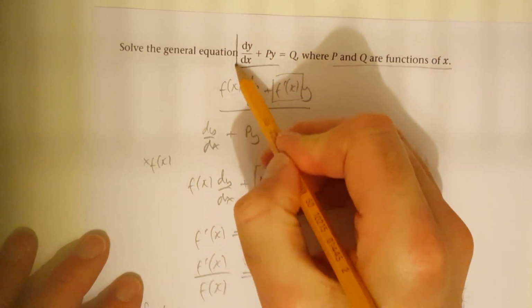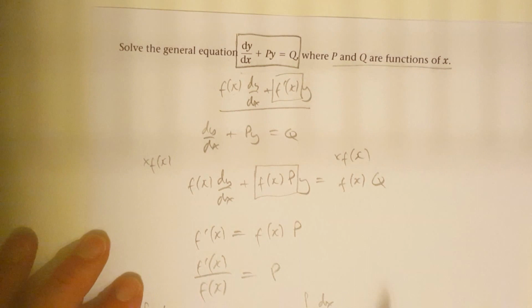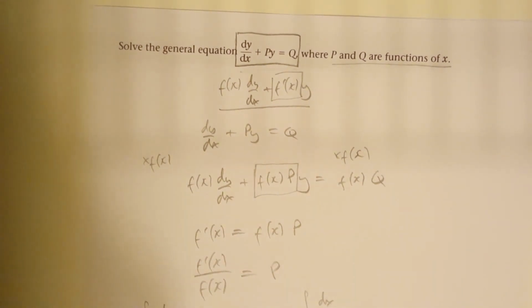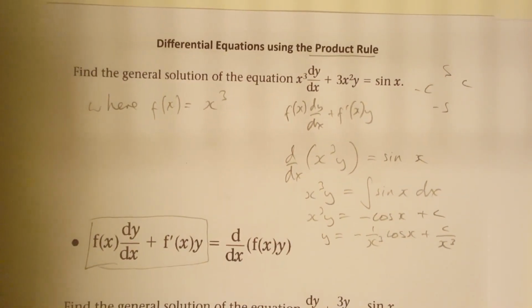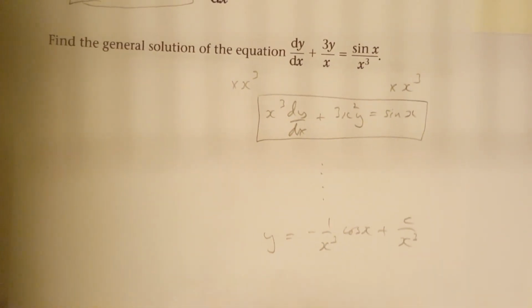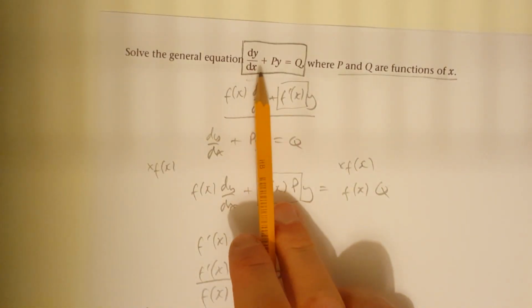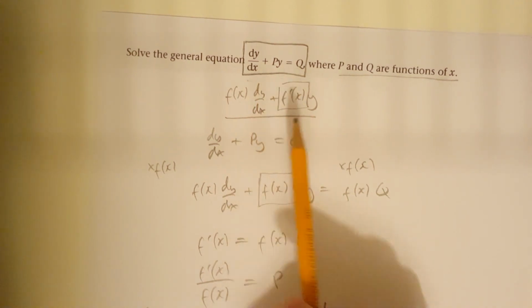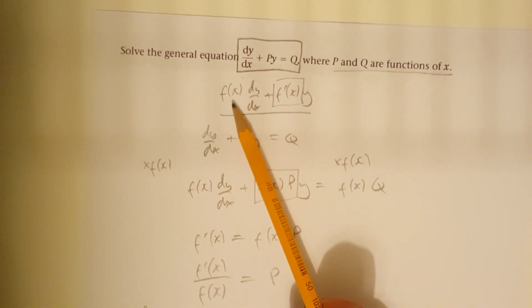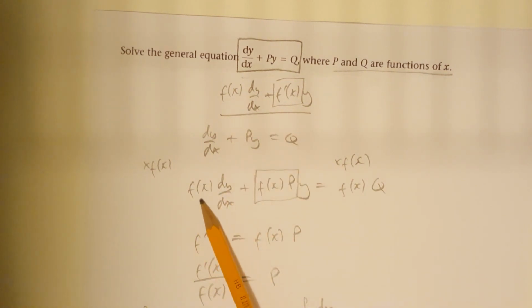So if I've got a differential equation of this format where it doesn't fit the product rule, is not one of our special cases such as these where it was already exactly the same, or indeed something like this where I can very quickly and very obviously rearrange it so that it does fit the product rule exactly, I need to think about and consider, if I can recognize this, a function f of x which I can times through by to give me then an equation that matches.